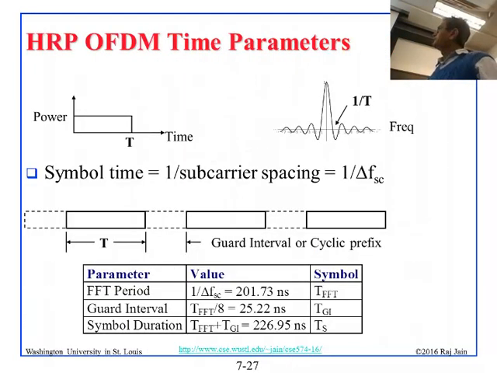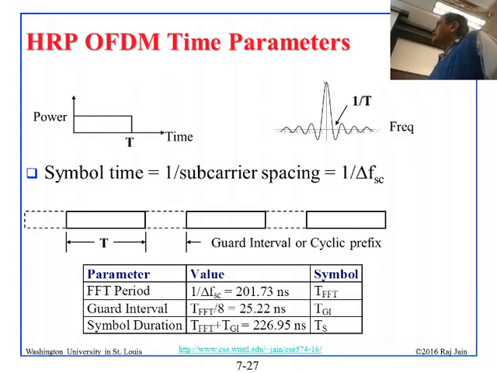That is the width of the data part, capital T. This we call capital T FFT. Now the question asked here was whether FFT period is the same as FFT duration. Maybe we can say that they are the same, but then there is symbol duration, which is different. So what is symbol duration?